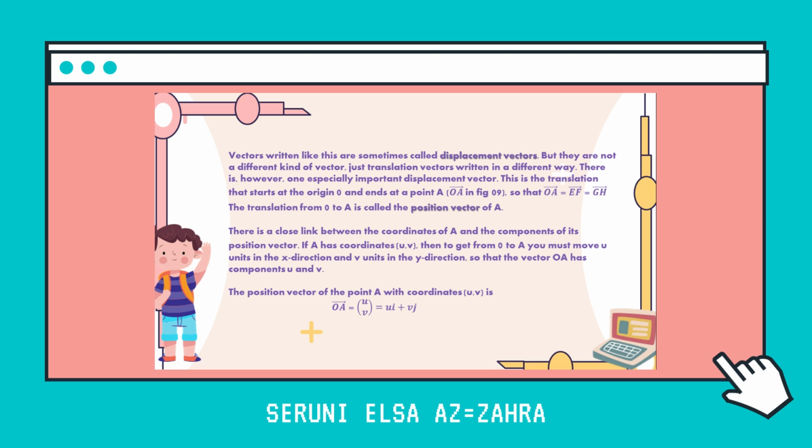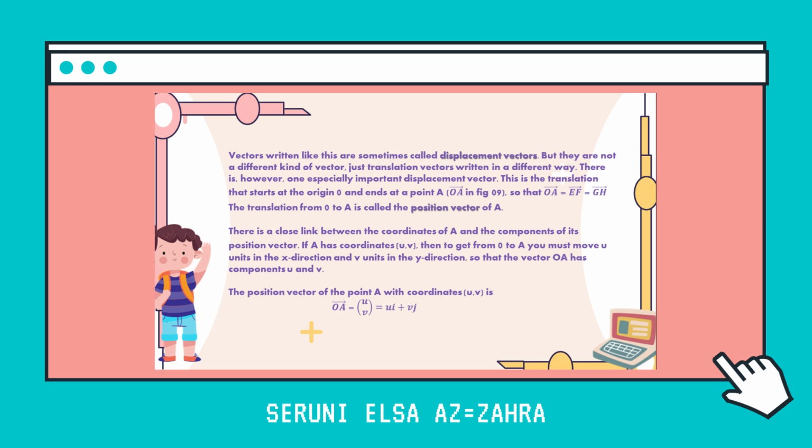This is the translation that starts at the origin O and ends at a point A, vector OA in figure 9, so that vector OA equals vector EF equals vector GH.